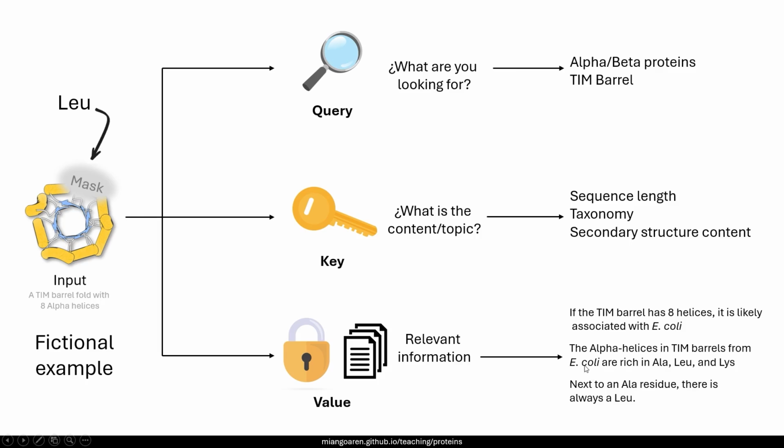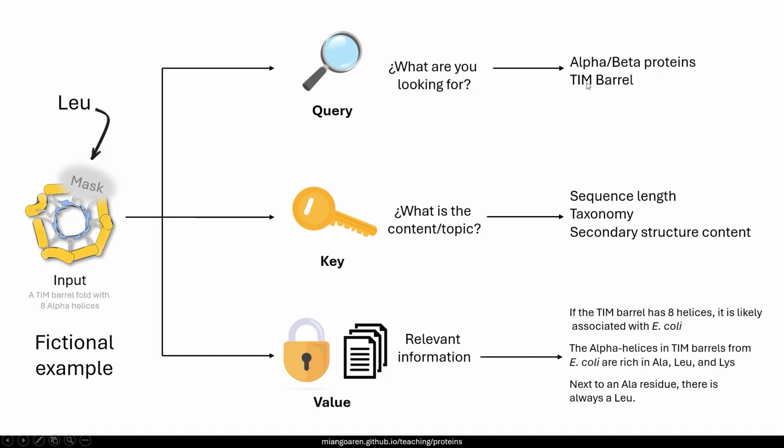As a second example, the alpha helices of the TIM barrels of Escherichia coli are usually rich in alanine, leucine, and lysine residues. And we even have more specific information, which is that the residue after an alanine residue is usually a leucine.